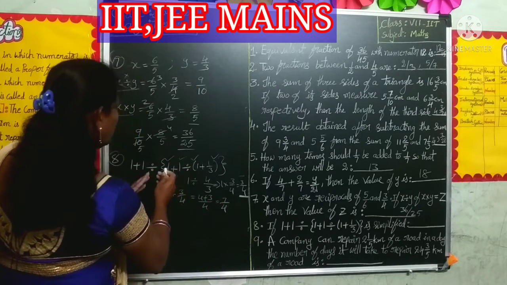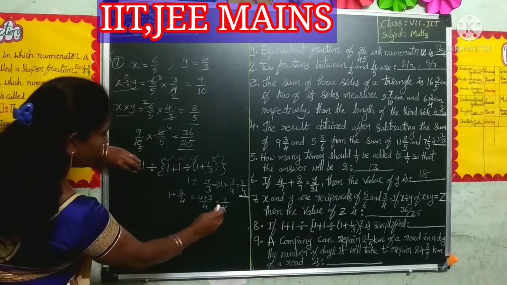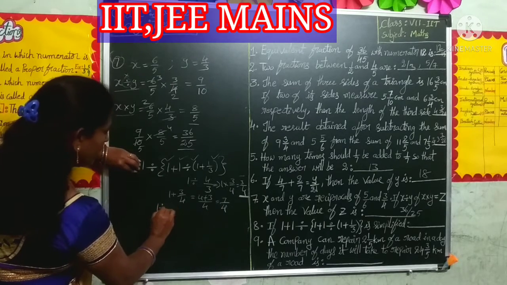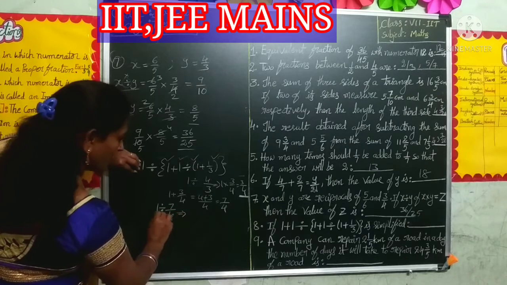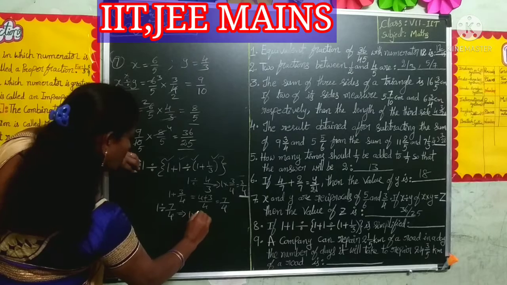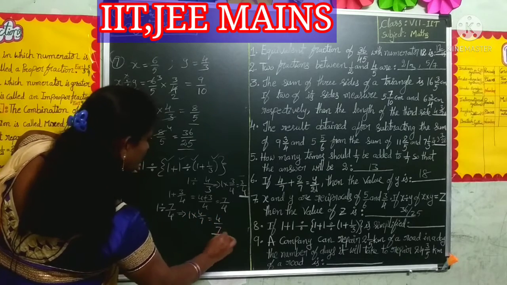Up to here over. Remove this flower bracket. Next one is only 1 divided by 7 by 4. Here reciprocal: 1 into 4 by 7, that is equal to 4 by 7, right?